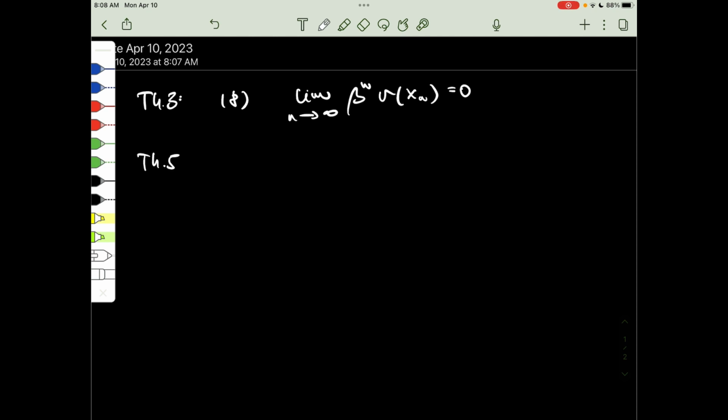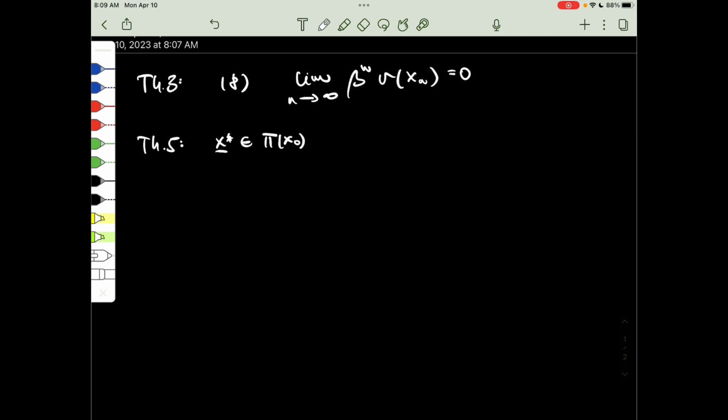And according to Theorem 4.5, if we have a feasible plan that satisfies the functional equation for any t, and the plan satisfies this criterion, then the plan is an optimal plan, and it attains the supremum.